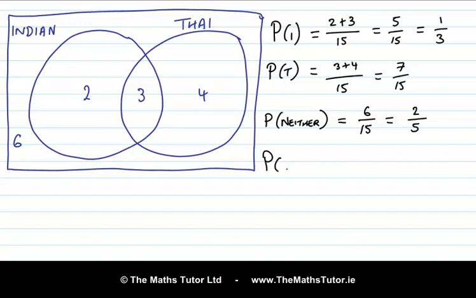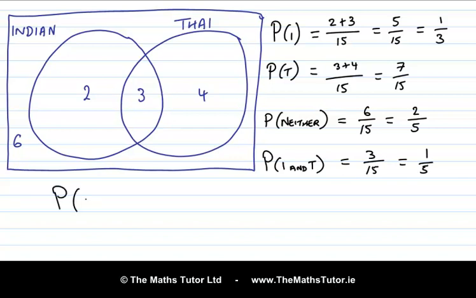What's the probability, if we pick someone at random, that they like Indian food and Thai food? Well, from the diagram we can see it overlaps here, so there are 3 people who like Indian food and Thai food. That's 3 out of 15, which is 1 over 5.